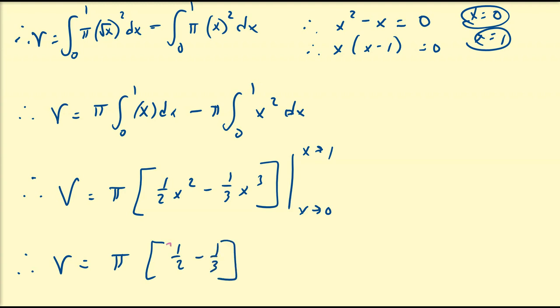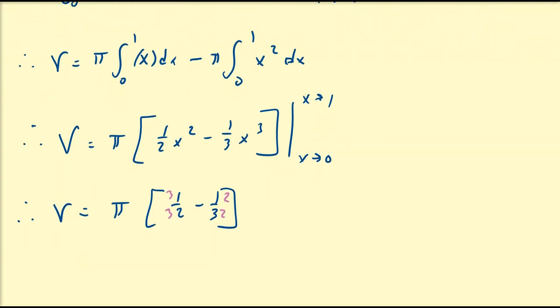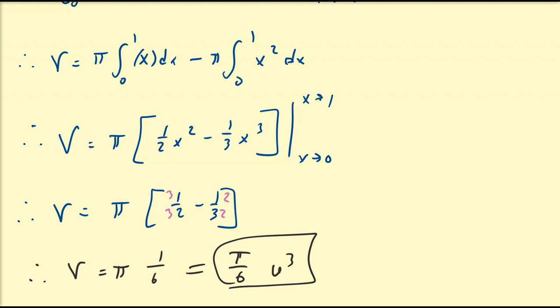We can get a common denominator here, multiply by 3, multiply by 2. So we have 3 minus 2 over 6. That means the volume is equal to pi times 1 over 6, or just pi over 6. And since this is a volume, this is going to be in cubic units.